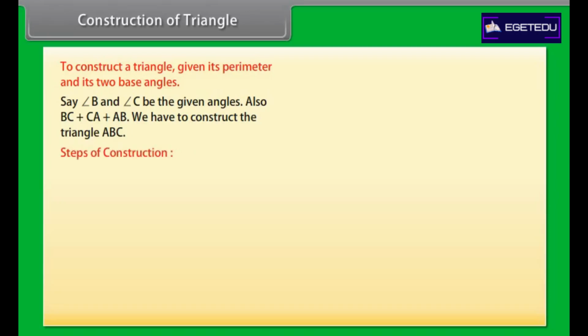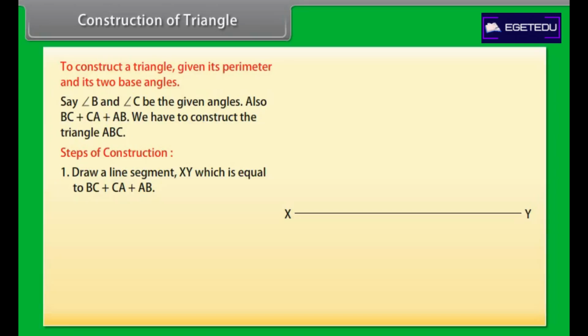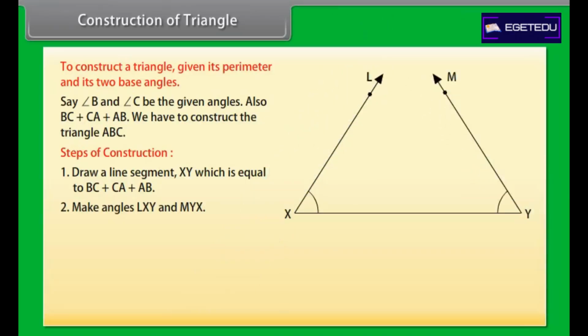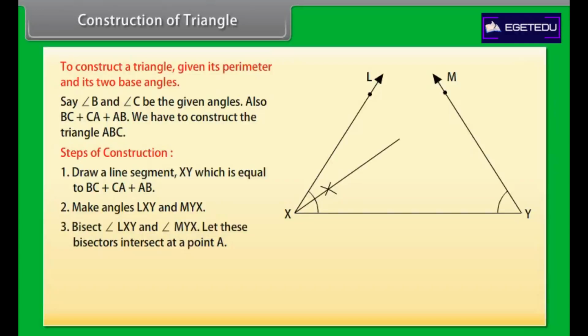Steps of construction. Firstly, draw a line segment XY equal to BC plus CA plus AB. Make angles LXY and MYX. Now bisect angle LXY and angle MYX.